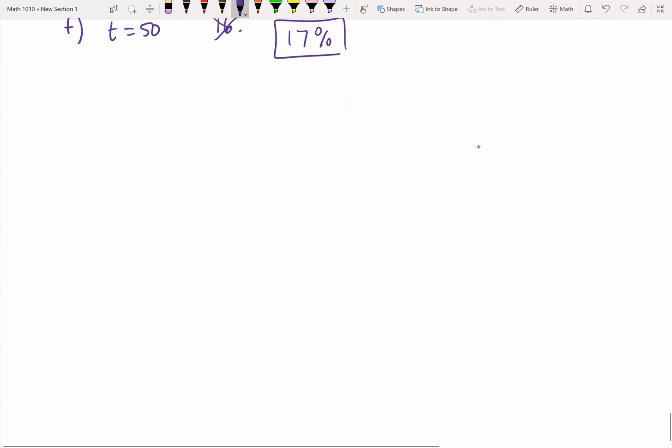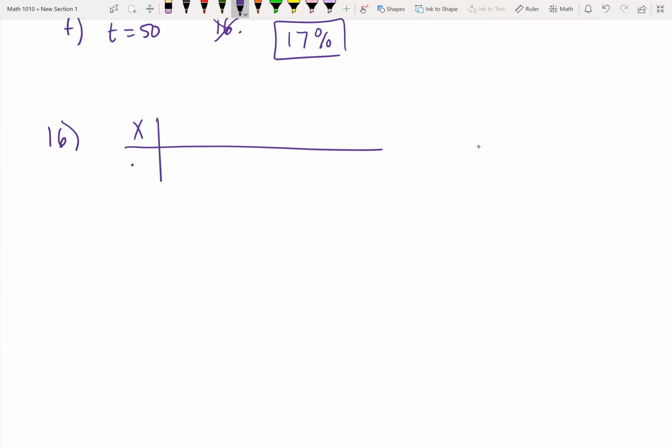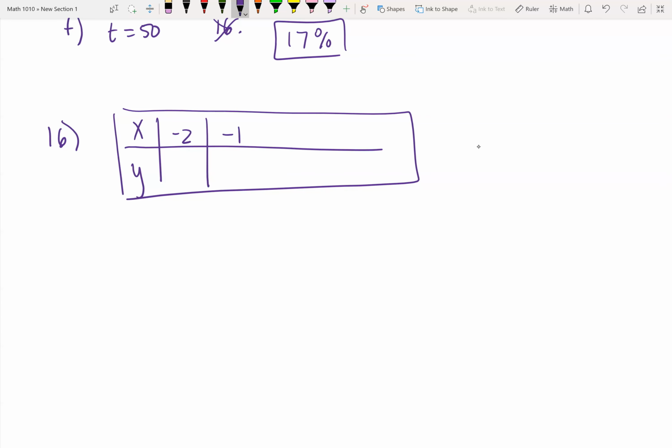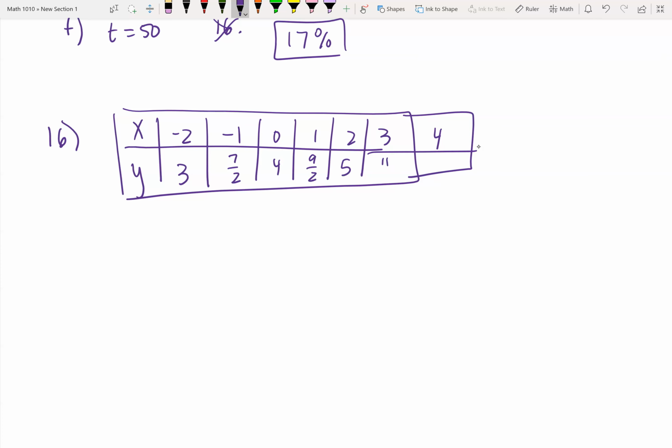Okay? Okay, question 16. Here's your table. First of all, we have to decide if it's linear.